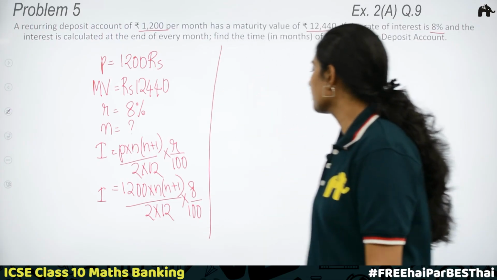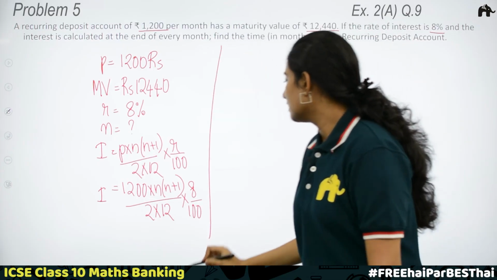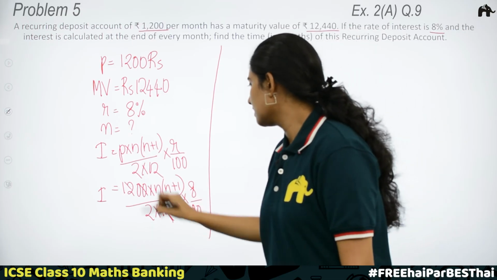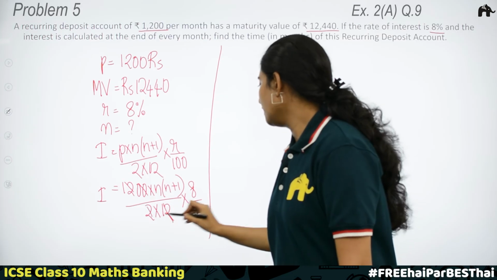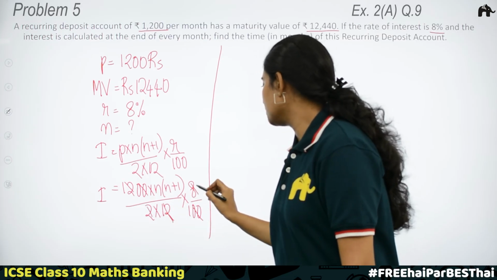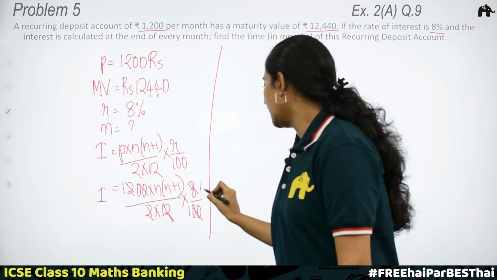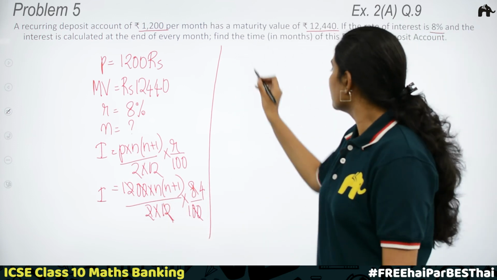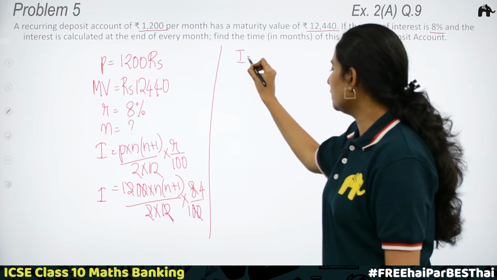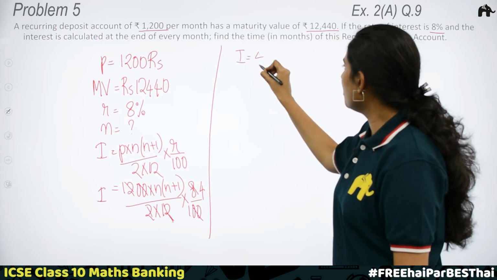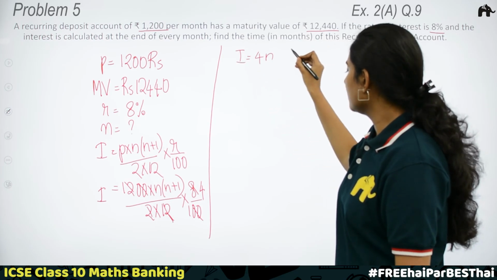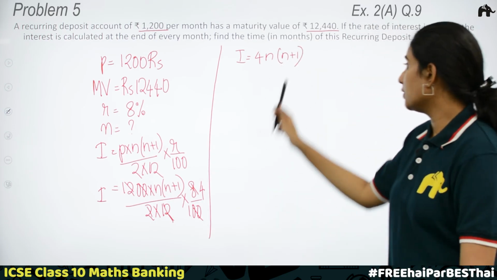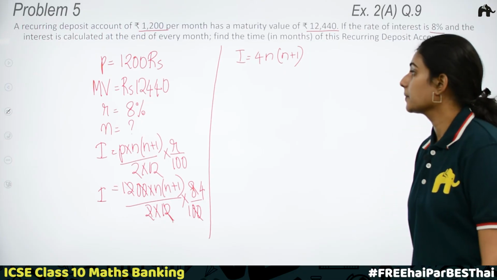Now, we can cancel the zeros. 12 and 4, 4 twos are 8. Okay. Therefore, I is equal to 4n into n plus 1.